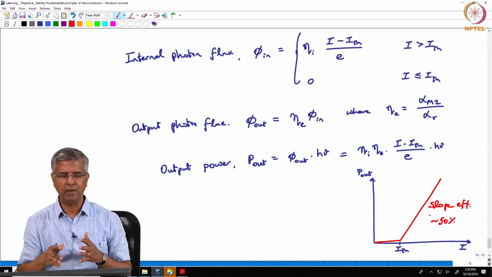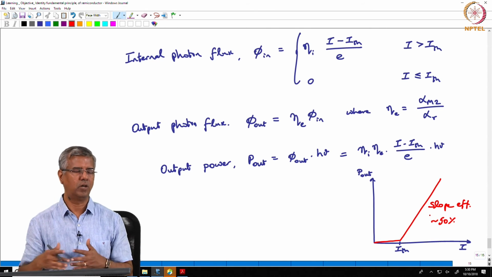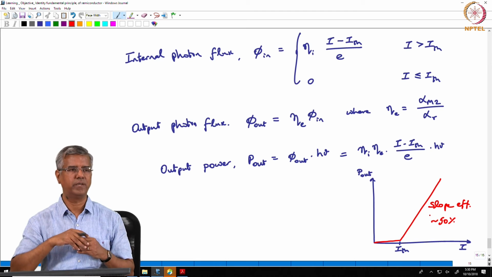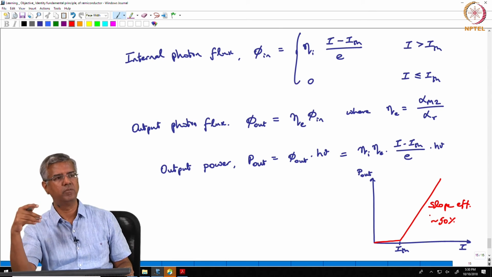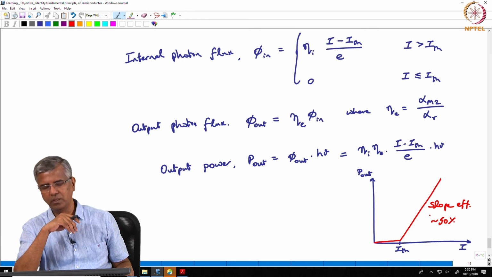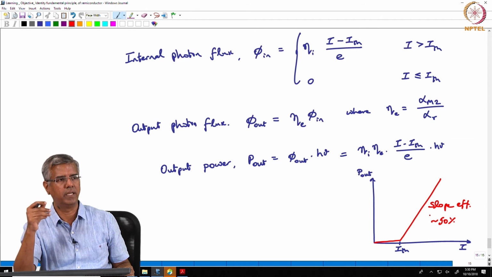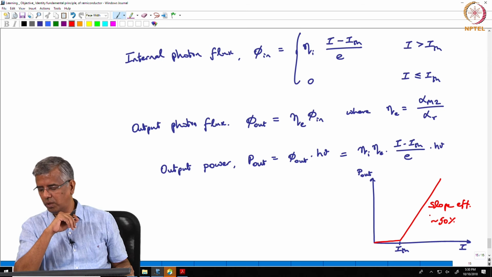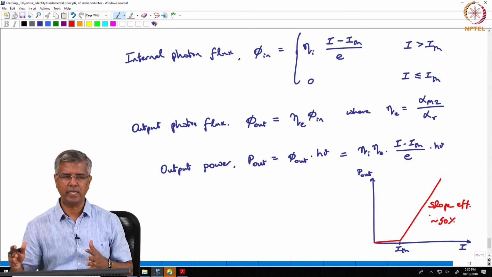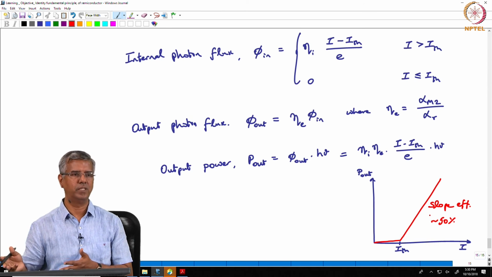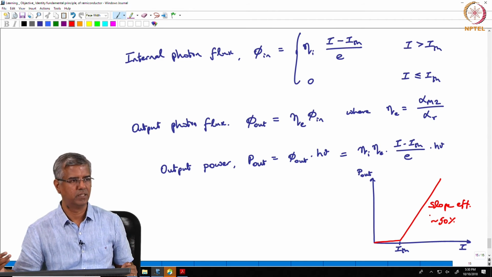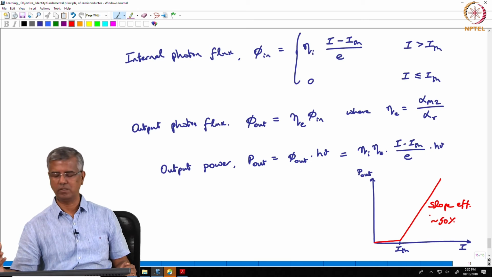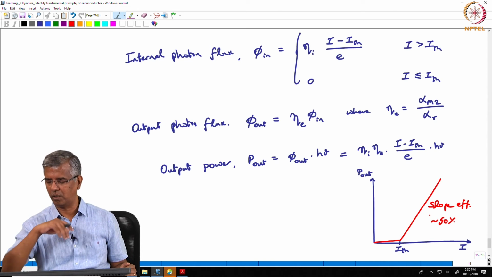So effectively, with a negligible amount of current, you are able to achieve threshold, and beyond that you are converting your current into light energy. So overall, you can say that the wall plug efficiency of these lasers is on the order of 50%, which is very, very high.